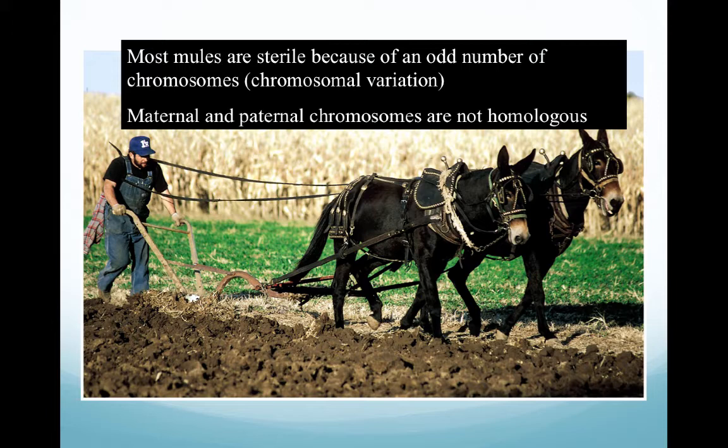So most mules end up being sterile because they are a cross between a horse and a donkey. A horse has 64 chromosomes and a donkey has 62 chromosomes. So when these individuals cross, usually the mules end up with 63 chromosomes, and the one that is lost is the one that doesn't enable reproduction to take place.